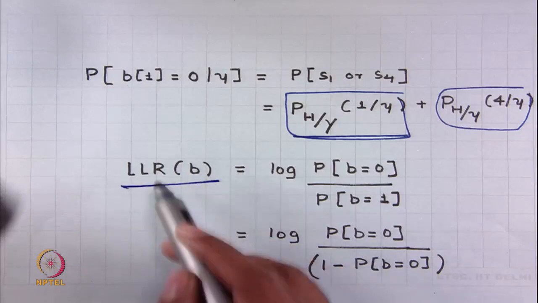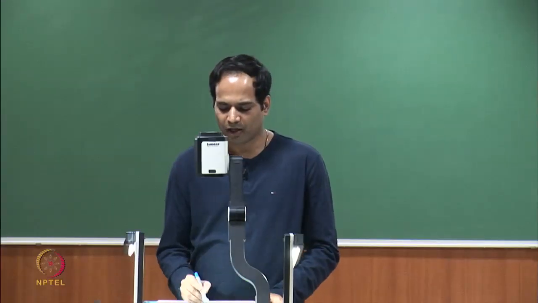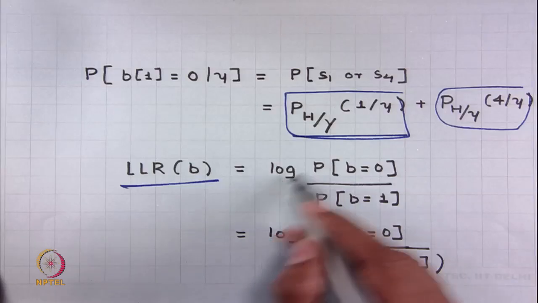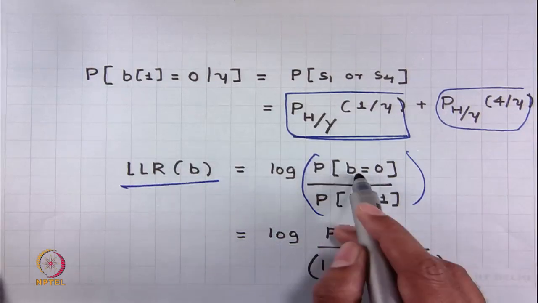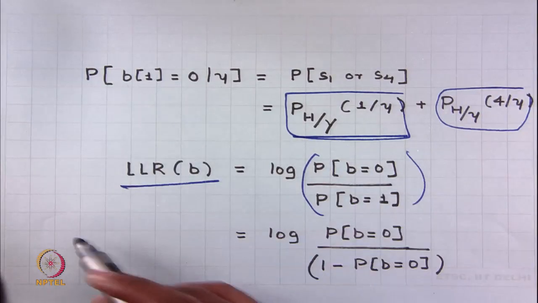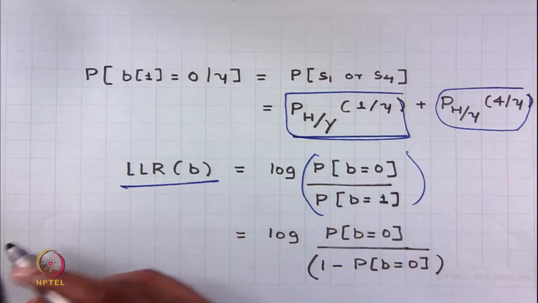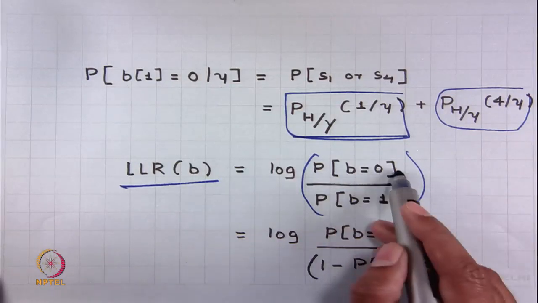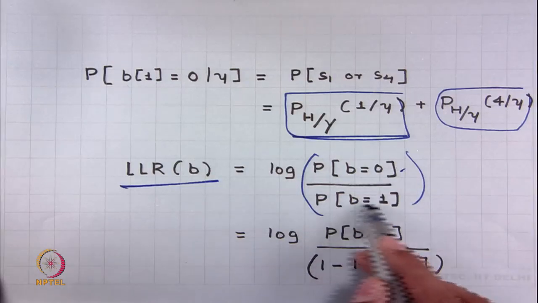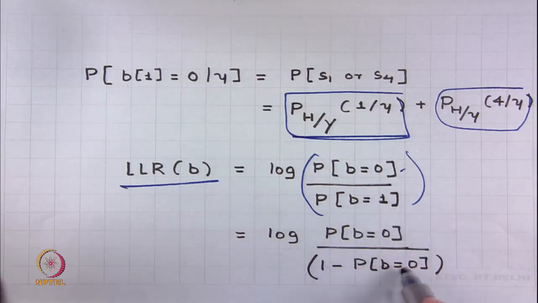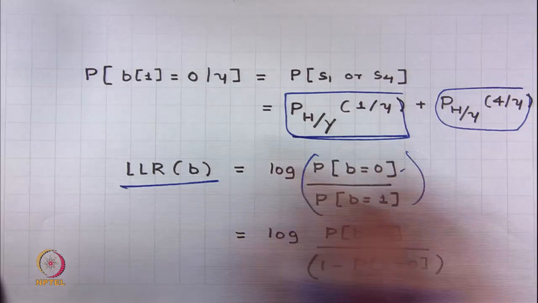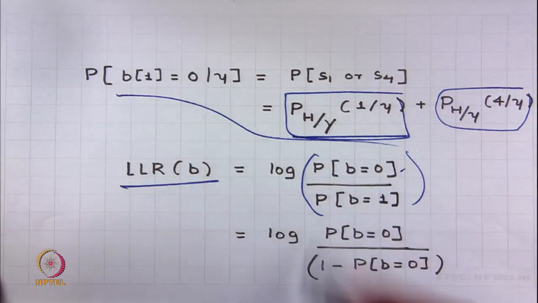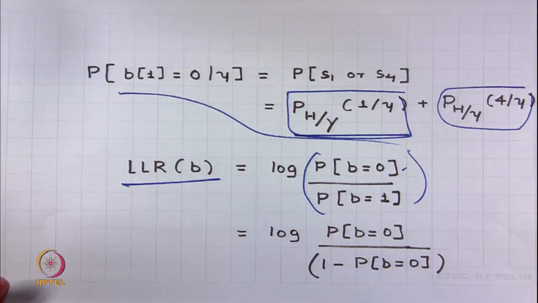From this we can get the log likelihood ratio. Log likelihood ratio is simply the log of the probability of bit 1 being 0 divided by the probability of bit 1 being 1. And if you know the probability of bit 1 being 0 is this, the probability of the bit being 1 is 1 minus the probability of the bit being 0. Okay. So, once you have calculated this, you can easily calculate the log likelihood ratios.